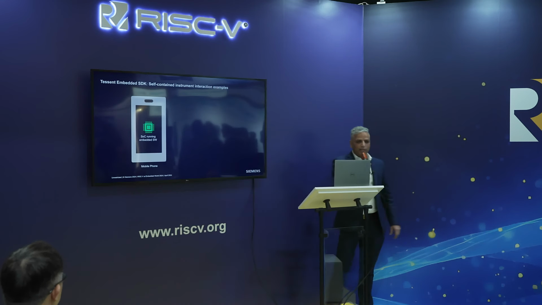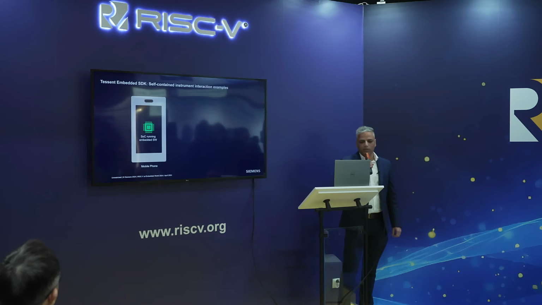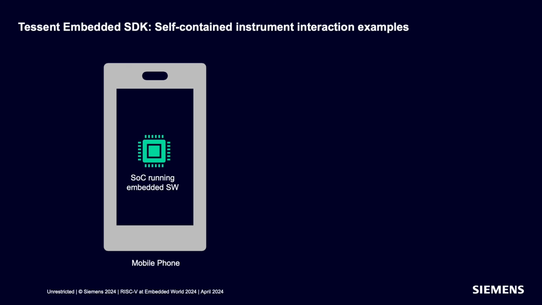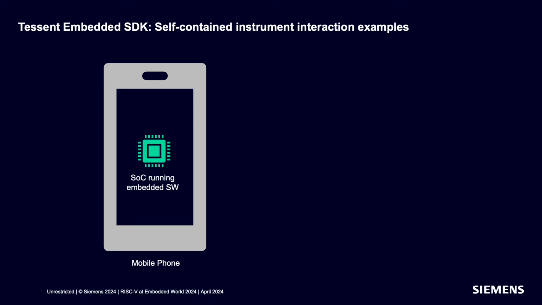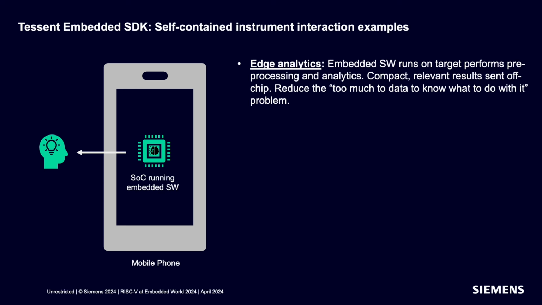So let's take a look at the examples here. What we are showing is an SoC which is using monitors from Siemens running the embedded software. In this case, it's a mobile device, and you can do a lot of edge analytics. When you are doing that, you are not sending all the data which you are collecting from these data monitors.